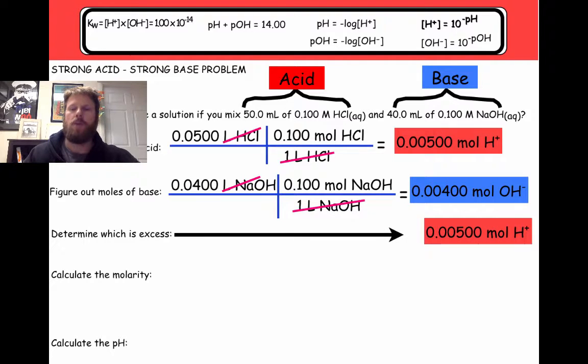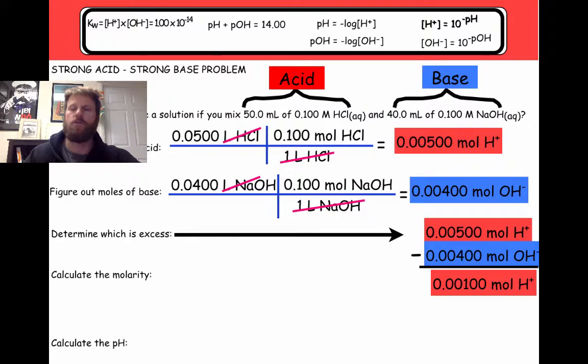So I'm going to take 0.005 moles of H plus and subtract 0.004 moles of OH minus. That will leave me with 0.001 moles of H plus left over. So my solution after I mix these together is still going to be acidic because I have leftover acid.